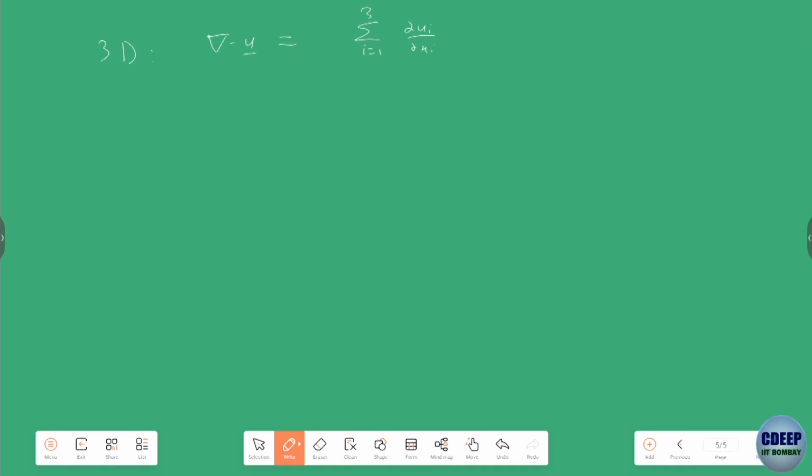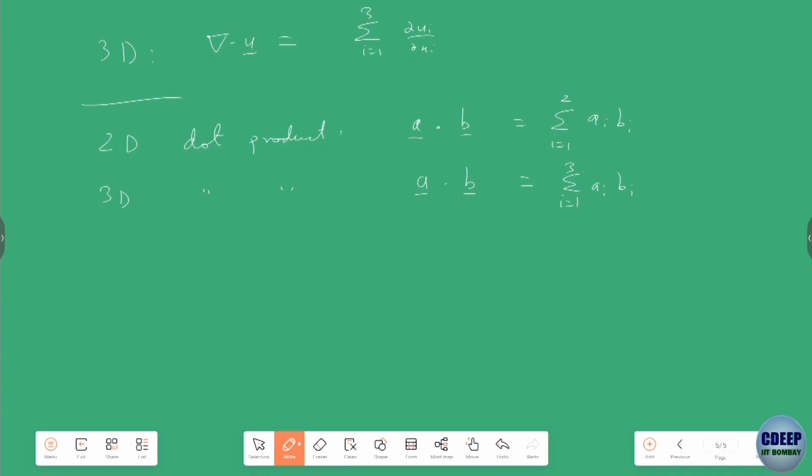If you have say 2D dot product, that is, there is one vector a and you are taking dot product with another vector b, that again is a summation i equal to 1 to 2 ai bi. In 3D, we've got a dot b, now it is summation i equal to 1 to 3, otherwise it's the same.